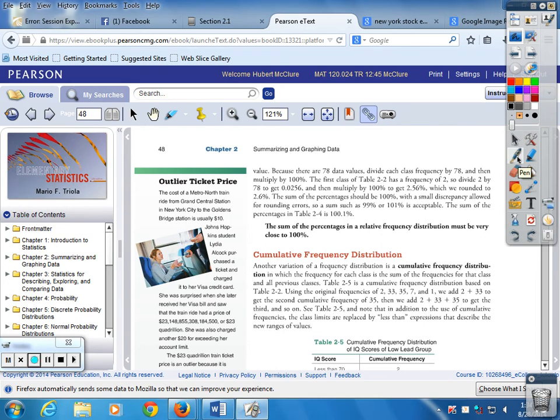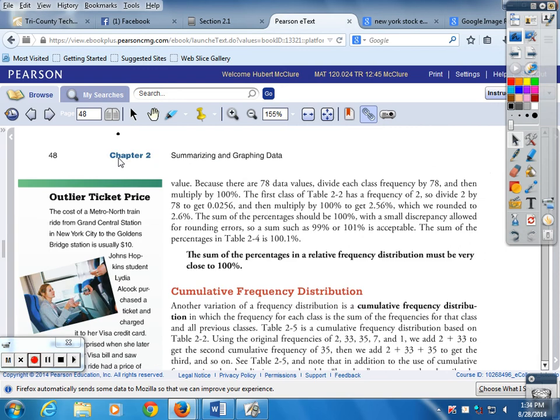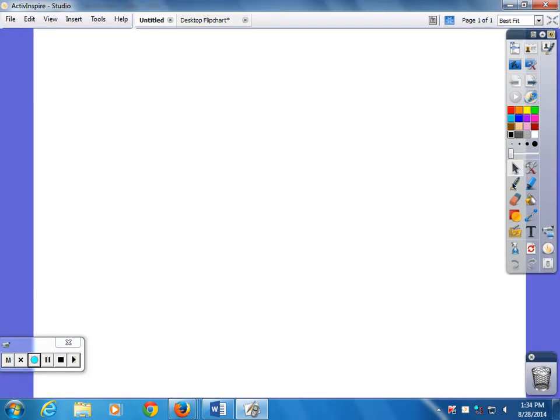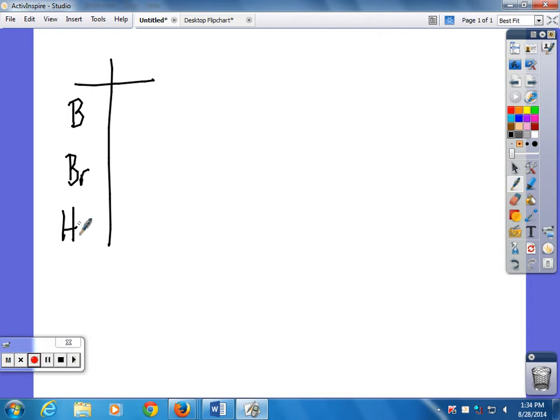All right, now, the frequency distribution is, sorry about that, a 25-cent word for a chart. If I go over here and I make a chart and I put blue, brown, hazel, and green.